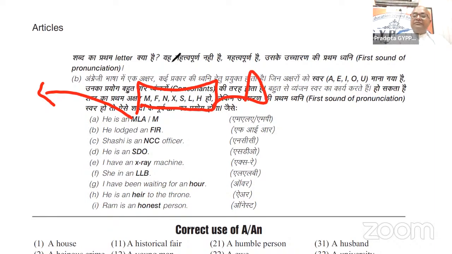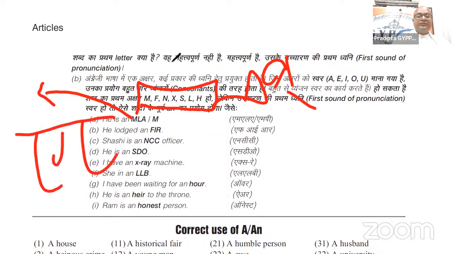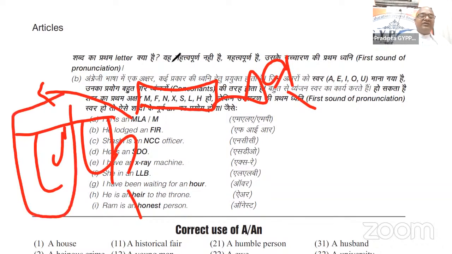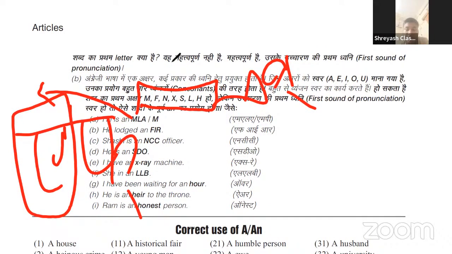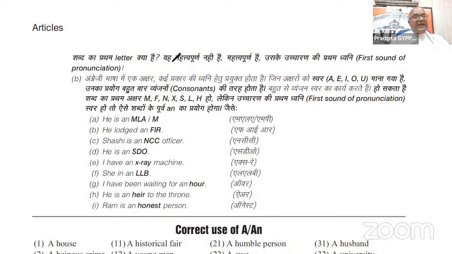You say M. You say F. So what is the first sound? Is it a vowel or a consonant? It's a vowel. So F-I-R: an F-I-R, an MLA, an NCC officer, an SDO, an X-ray machine, an LLB.